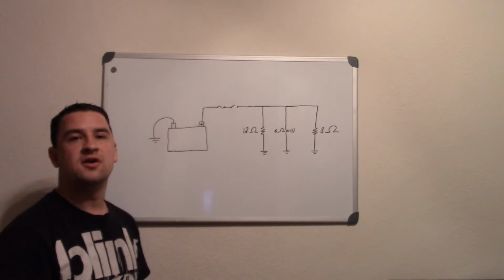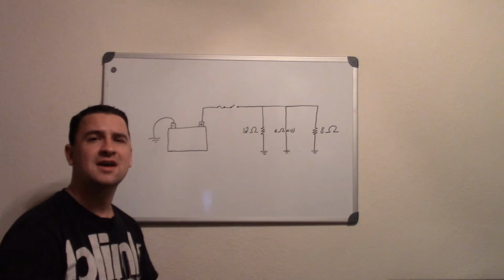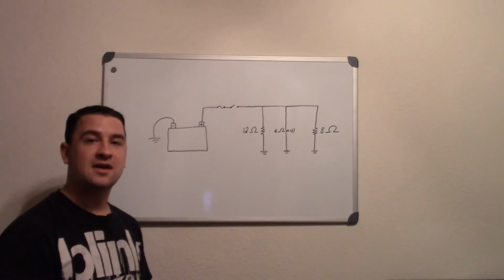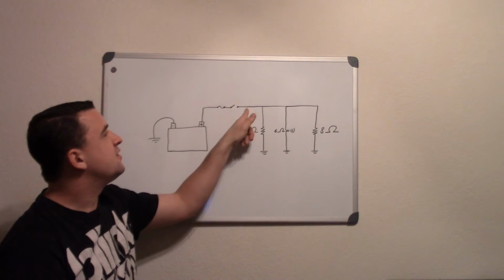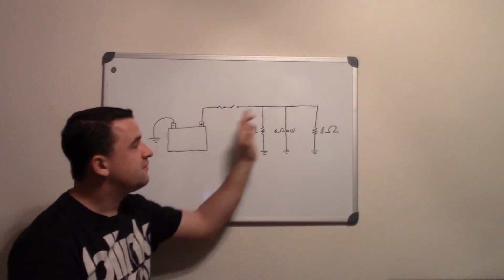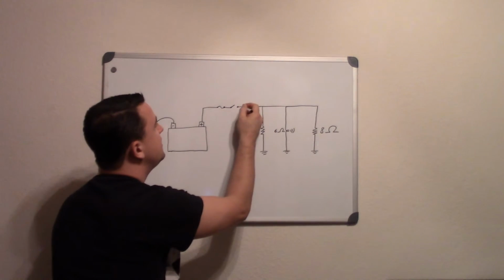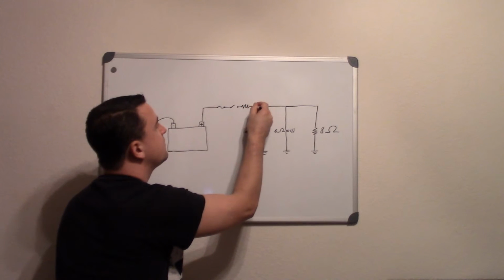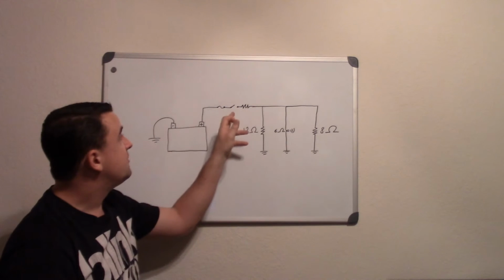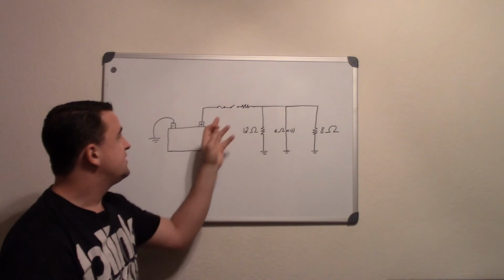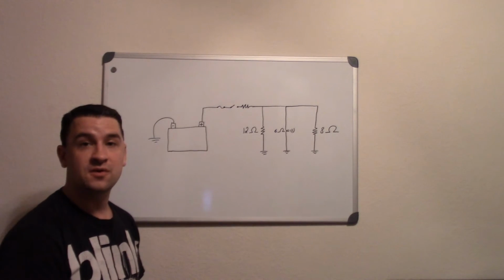Then we have our other set of circuits, which is series parallel circuits. Really it's the same exact thing as a parallel circuit. The only difference is that you add a resistor up here before the voltage spreads out. If I add a resistor right here, that now takes up some of the available voltage. Let's say that across that resistor we end up losing 2 volts.